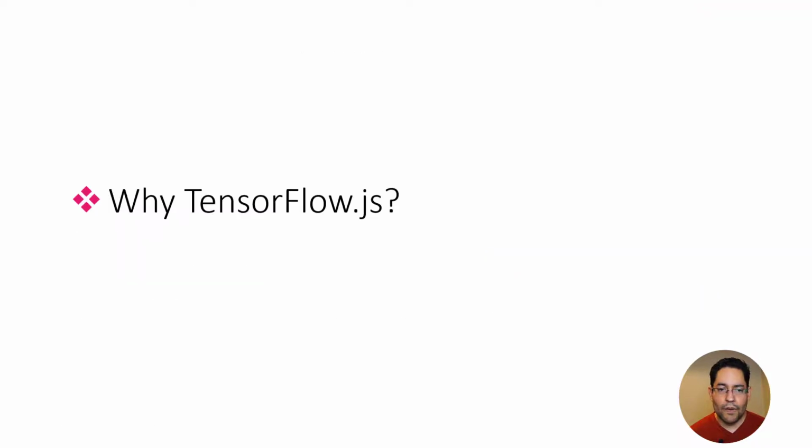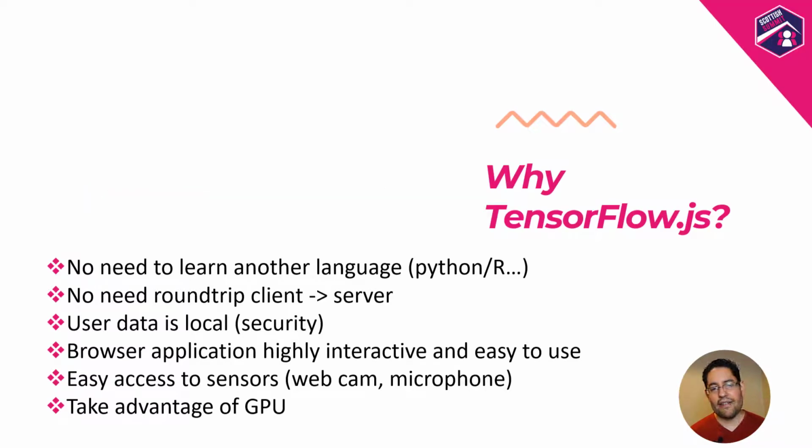One of the questions you might ask is, why would we want to use TensorFlow.js? One reason is that by using TensorFlow.js, we can use the tools and the languages, in this case JavaScript, that we already know. So we don't need to learn another language like Python or R, or new libraries or Jupyter Notebooks or anything.